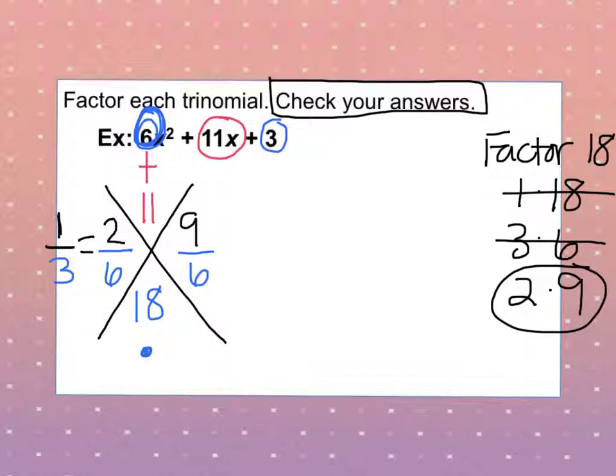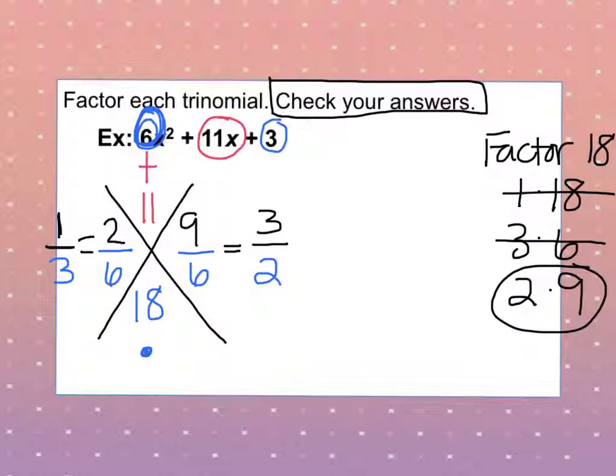Then I reduced the second one. 3 goes into the top and bottom evenly: 9 divided by 3 is 3, and 6 divided by 3 is 2. So now they're in simplest form.